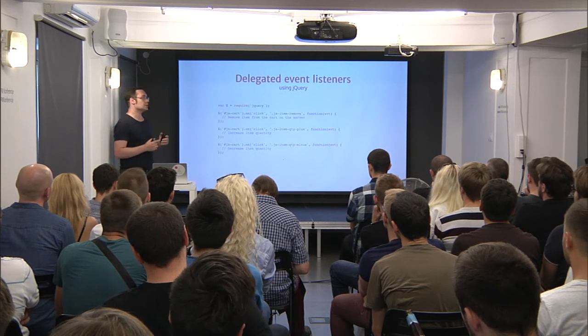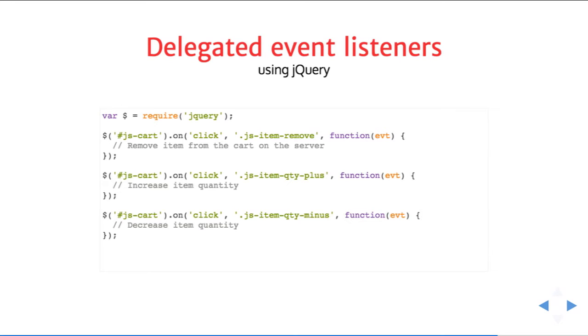So they will be attached to the widget itself, and the events from our remove buttons will bubble up to the main element. You can read more in the jQuery documentation if you are not familiar with this concept. But basically this means the elements may not exist at the time we declare the event listener.